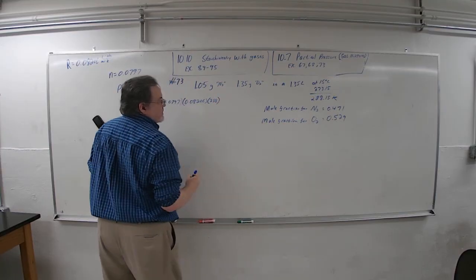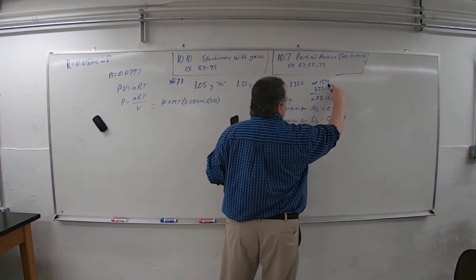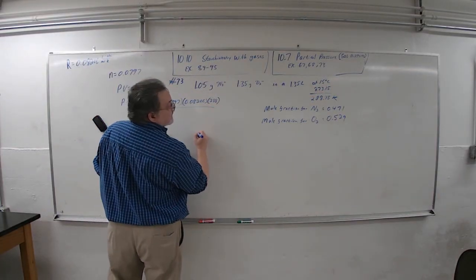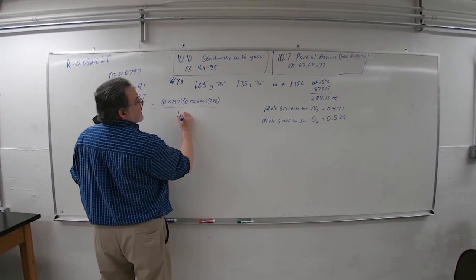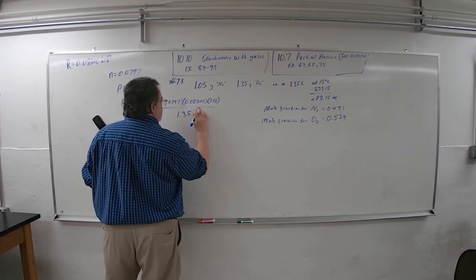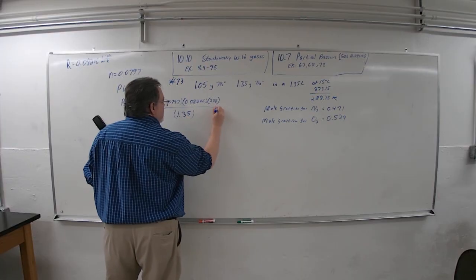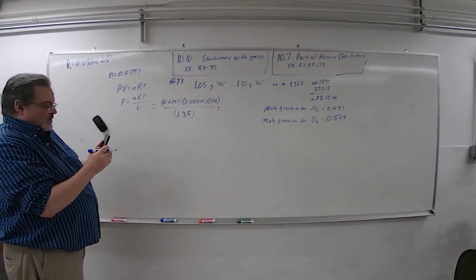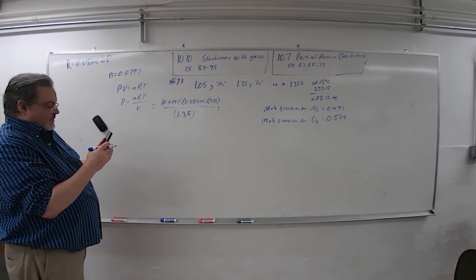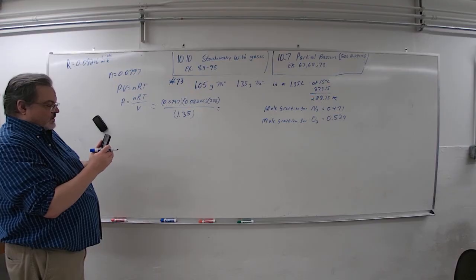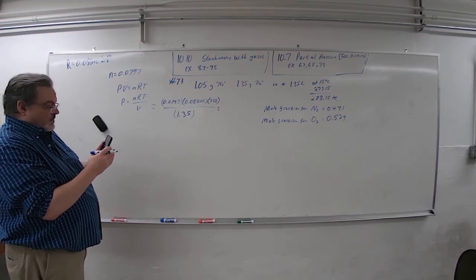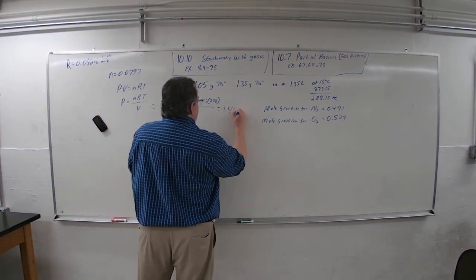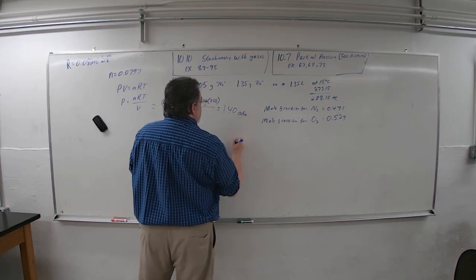Yeah, it has to be just 288. Nothing after the decimal. These have after the decimal, so those don't count. 288. And the volume, 1.35 liters. So 0.0797 times 0.08206 times 288 divided by 1.35. I get 1.40, that's going to be atmospheres.